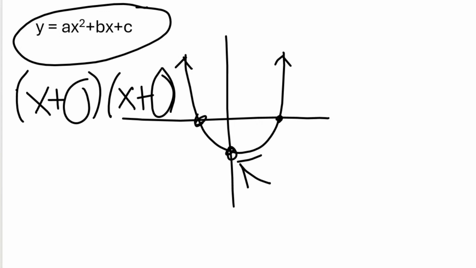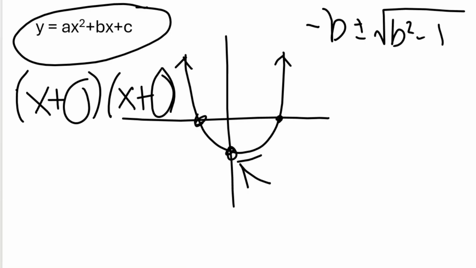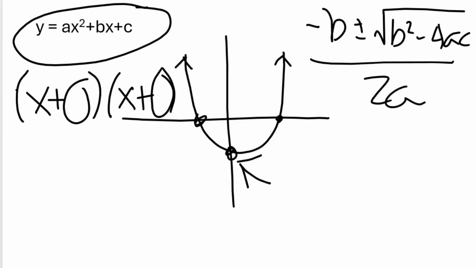However, there is a more complicated equation, which is -b plus or minus the square root of b squared minus 4ac, divided by 2a. And you can use this equation plugging the values of a, b, and c that are listed in the upper left-hand corner of the screen.